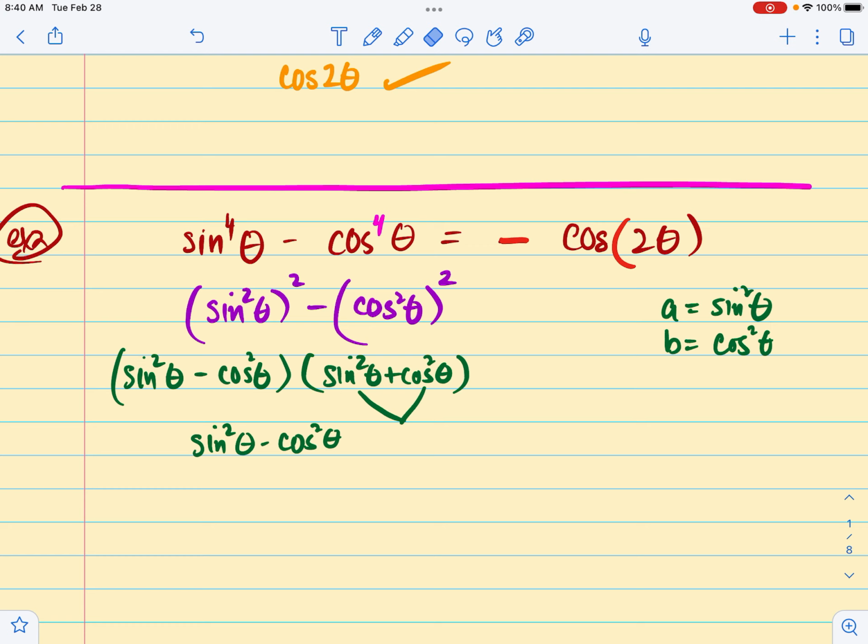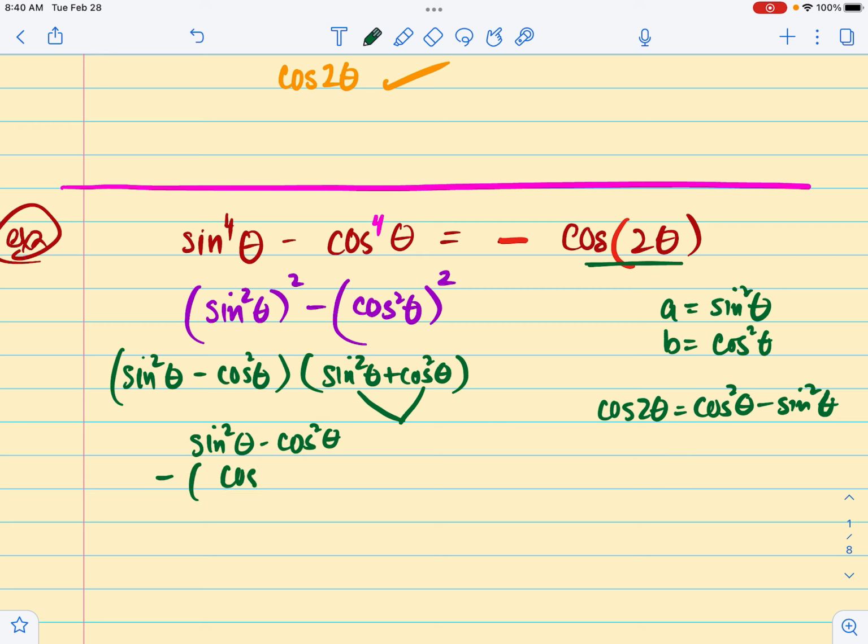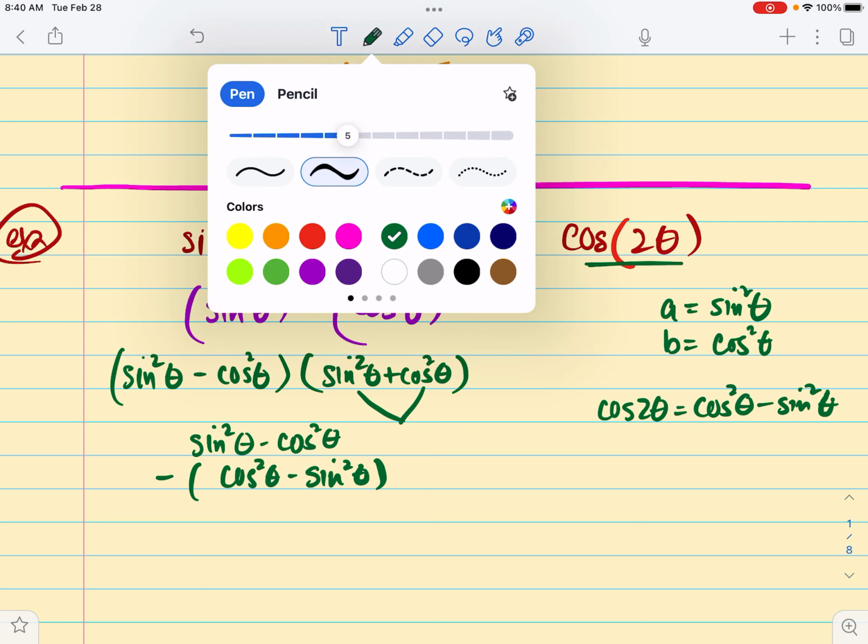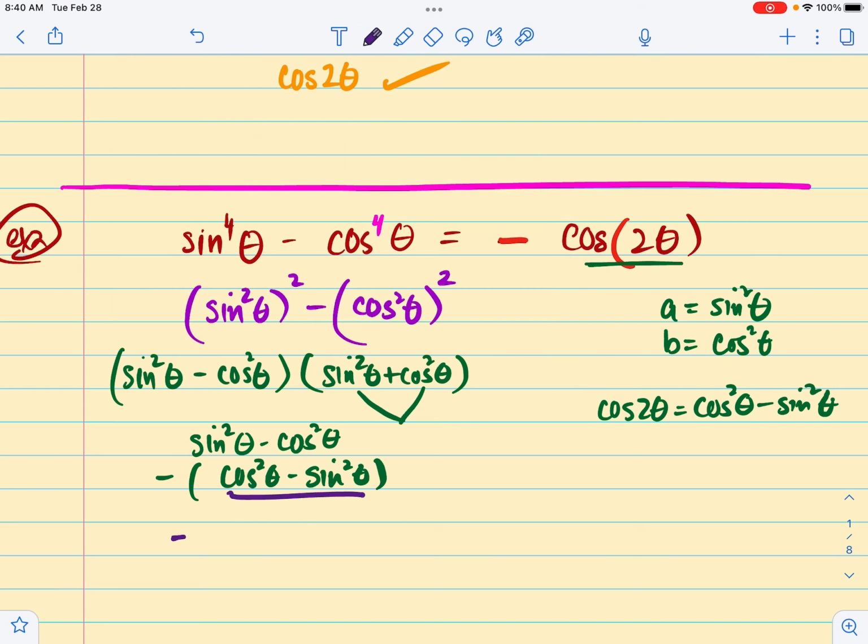But just know that that's the Pythagorean identity. And once I get this part here, it is very similar to the cosine 2 theta formula. One of the formulas for cosine 2 theta is cosine squared theta minus sine squared theta. So it's pretty much the same, except the signs are swapped. So I can pull out the negative and swap their signs. And if you notice, when I redistribute, I get the original one back. And hence, now I have a negative on the outside, and this is the formula for cosine 2 theta. And I have proved the identity.